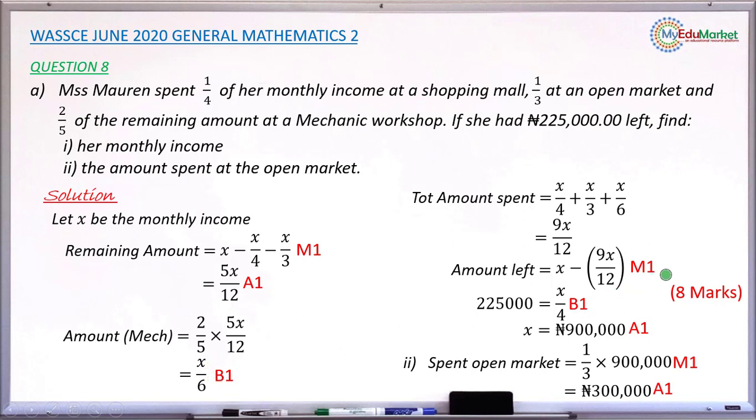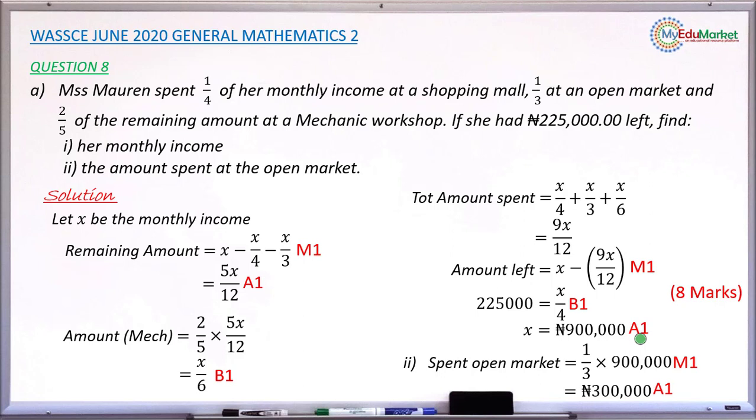And when you attempt to find the amount left by subtracting the total expenses from her total monthly income, that is X minus 9X over 12, you have method 1 mark. And when you have the fraction of the amount left of her monthly income as X over 4, you have bonus 1 mark. And when you solve this equation by cross multiplying and have X exactly as 900,000, that is her monthly income, you have accuracy 1 mark.